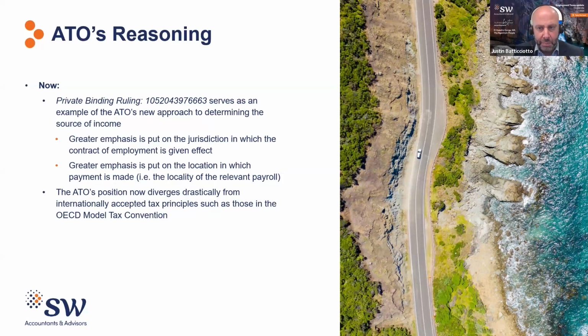So whilst these private binding rulings may indicate a shift in the ATO approach, the reasoning applied is not binding, and it is still reasonably likely that the income derived by the individual in cases where we've got remote working arrangements could still be considered foreign sourced income.